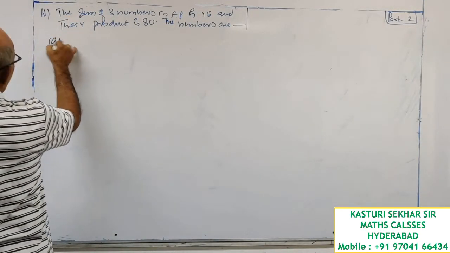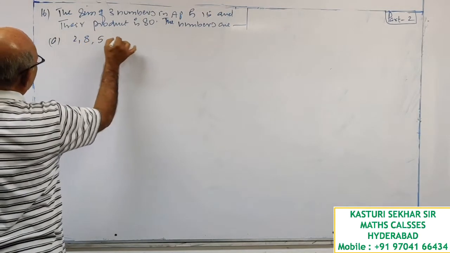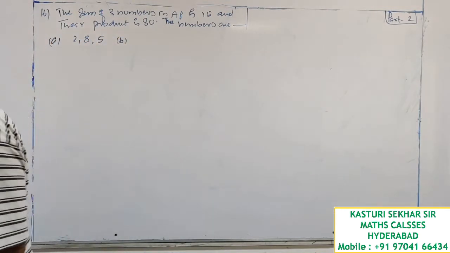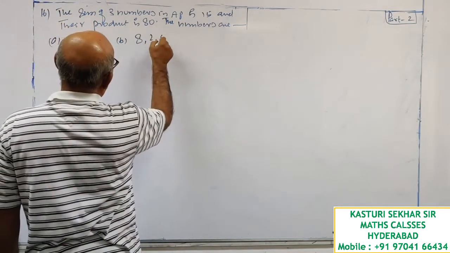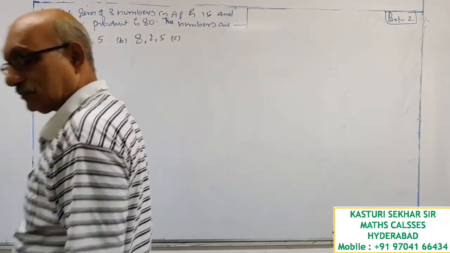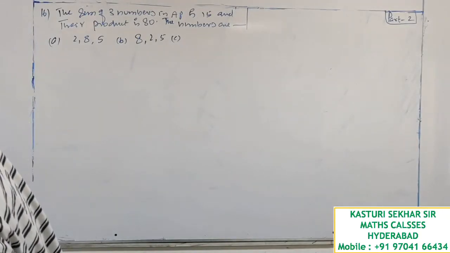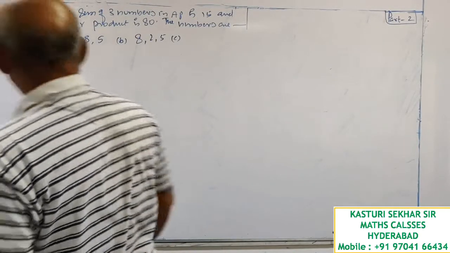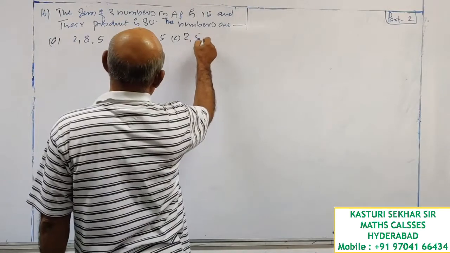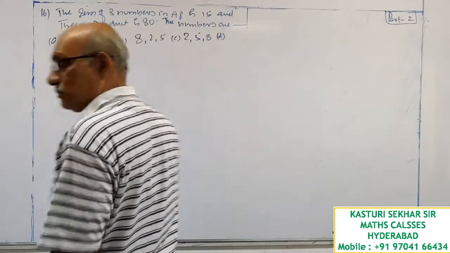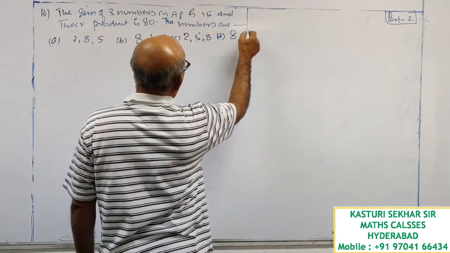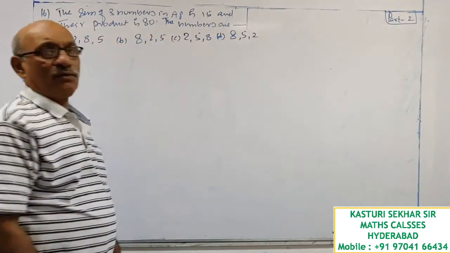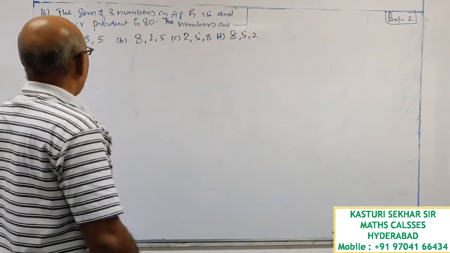Option A 2, 8, 5. Option B 8, 2, 5. Option C 2, 5, 8. Option D 8, 5, 2. This way we have options.